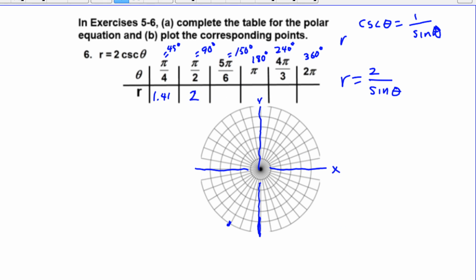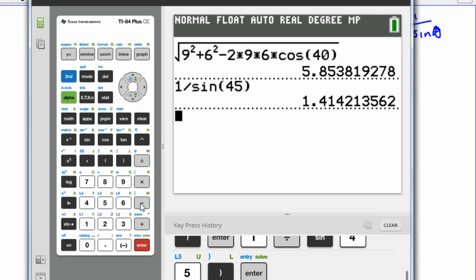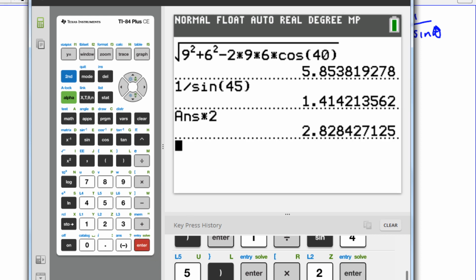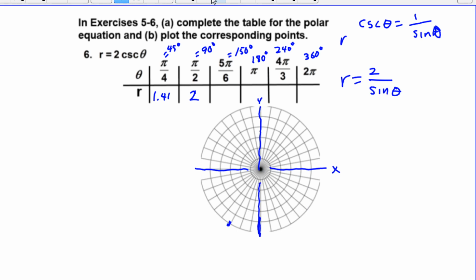Okay. Next. Oops, I got that wrong. Yeah, I got this wrong. This would be times 2. There we go. So 2.83 is what this would be. Just fix that. 2.83. I think this one is right.